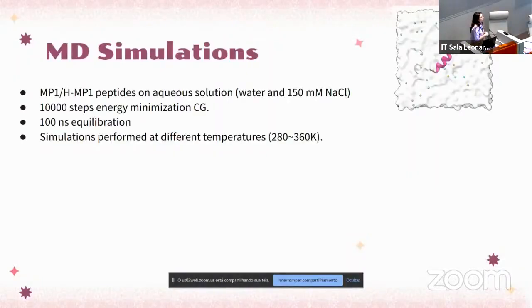So I'll start with the structural analysis, where we did molecular dynamics simulation in two ways. At first, the two peptides were constructed and solvated in aqueous solution with water and salt, and after steps of energy minimization and equilibration, the simulations were performed at different temperatures from 280 to 360 K, so we could estimate free energy that I'll show you later.